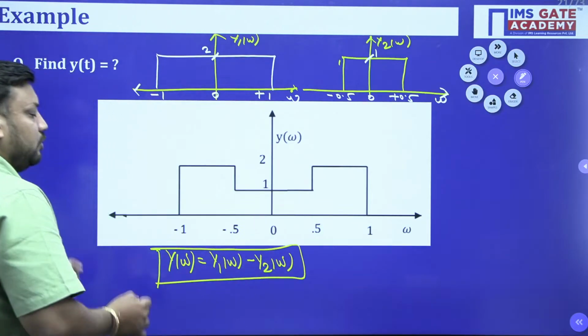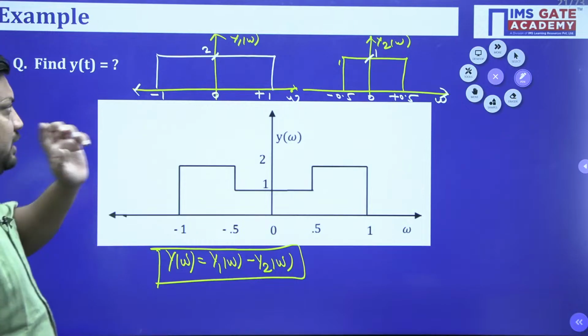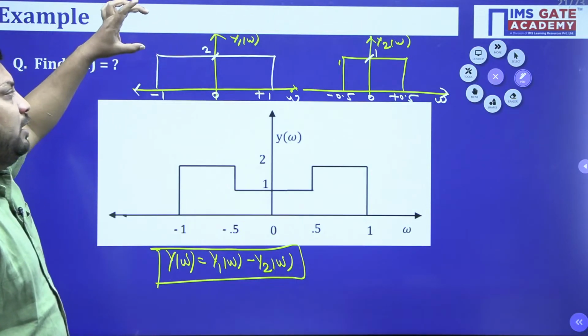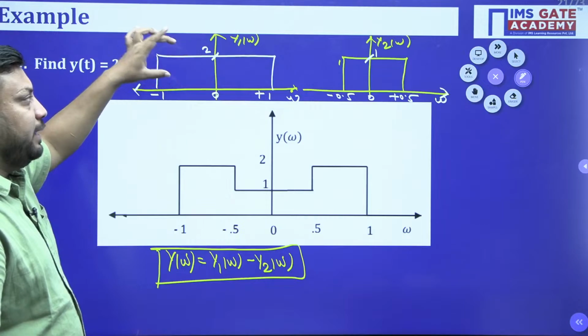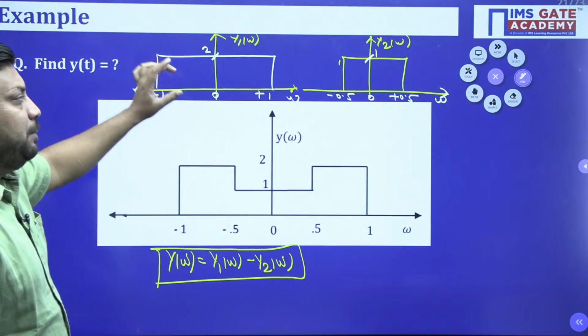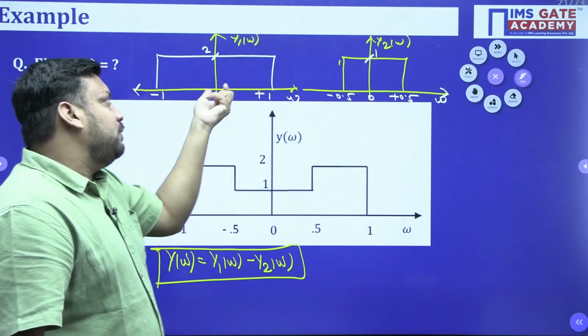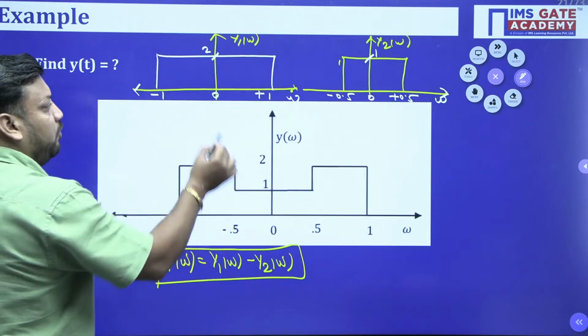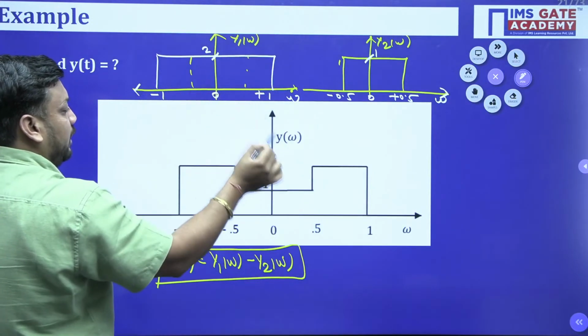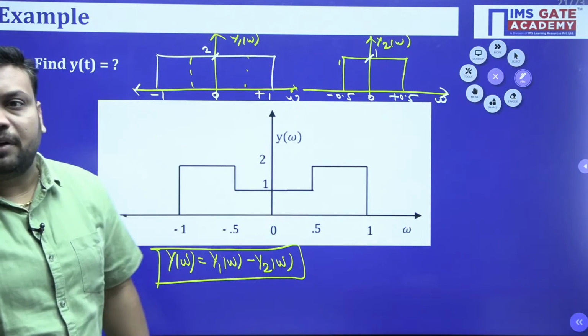This y1 omega contains the rectangular pulse having magnitude 2, and if I subtract a rectangular pulse of magnitude 1 for the duration of minus 0.5 to 0.5, I will get the signal y omega for sure.